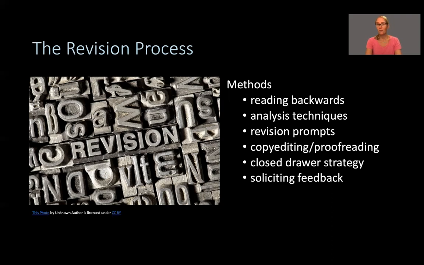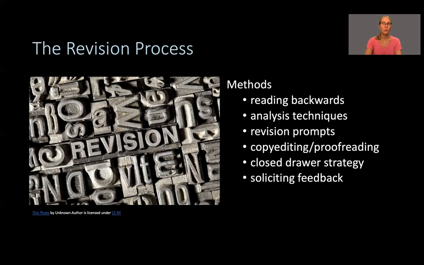You can go hardcore and read sentence by sentence backwards, but what I usually do is start with the conclusion paragraph and read it, and then move back up towards my introductory paragraph. What this does is stop the loop of what I think should be there and what is actually on the page.